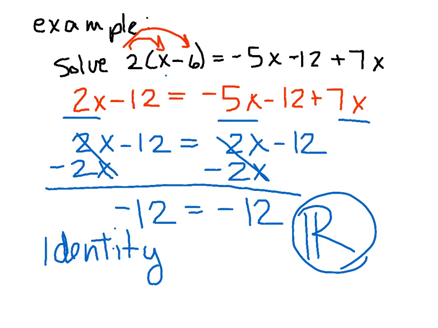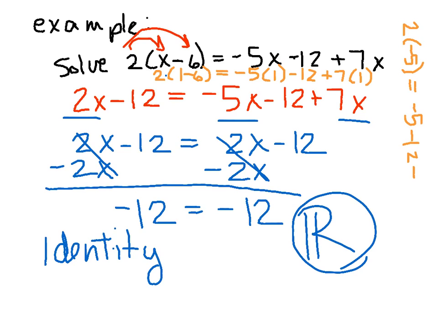Okay? So if I plugged in 1 for x, let's just test that. We'll pick a different color. I'm plugging in 1 for x. Turn your head sideways a little bit. That gives me 2. 1 minus 6 is negative 5 equals negative 5 minus 12 plus 7.